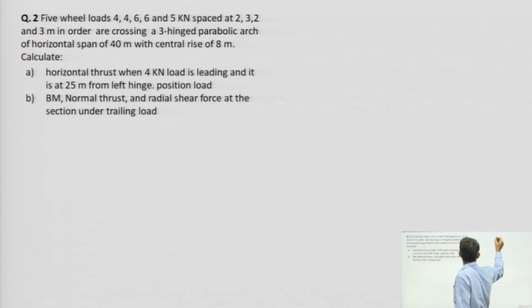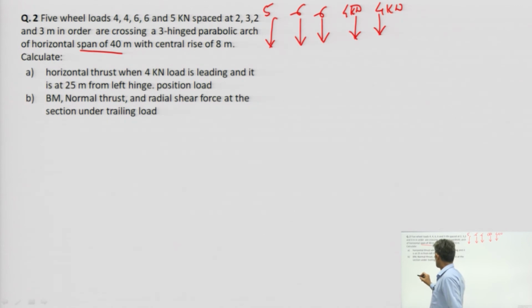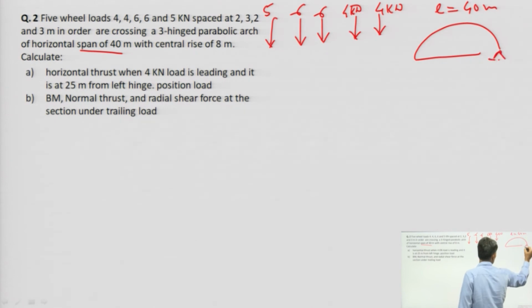It means the point loads are first 4 kilonewton, second also 4 kilonewton, next is 6 and the last one is 5 kilonewton, crossing a 3 hinge parabolic arch of horizontal span 40 meter. L is equal to 40.